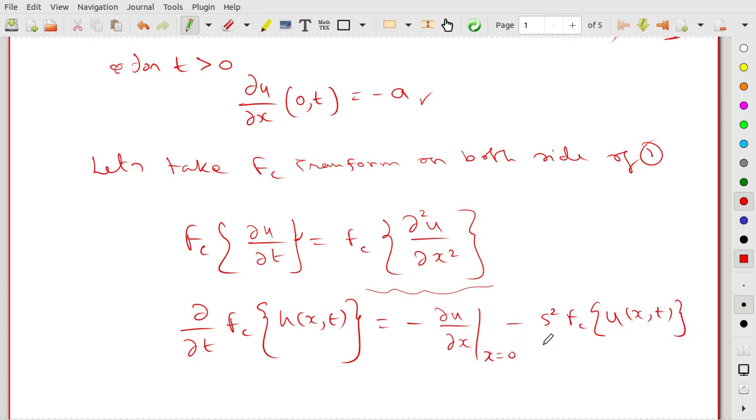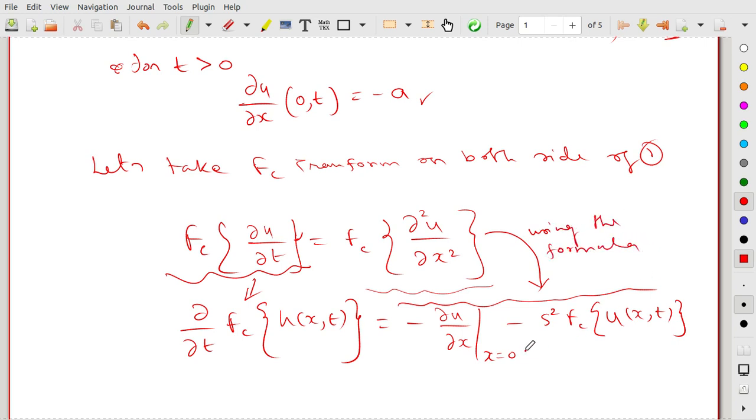Right, so this part is the formula. This comes from using the formula.